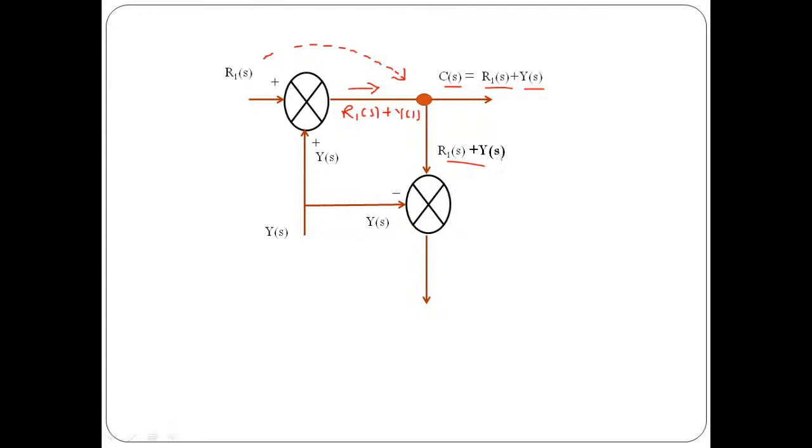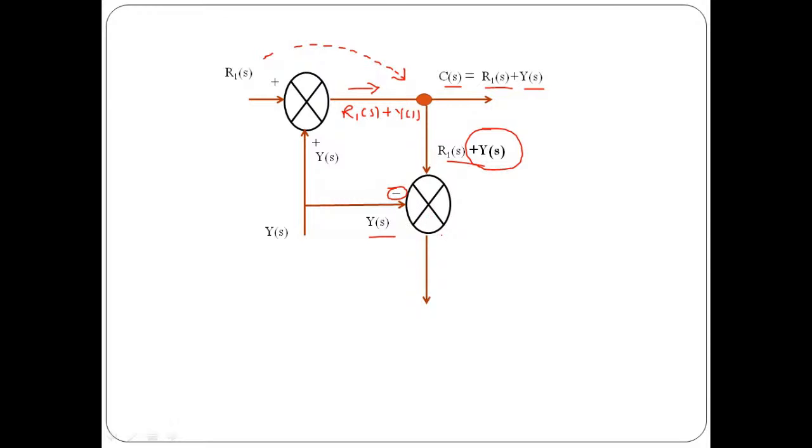This will be your feedback, but we want to remove this term, that is plus Y of S. So what we have done, we have put an additional summing point over here, and to this summing point we add one more signal with a negative sense.